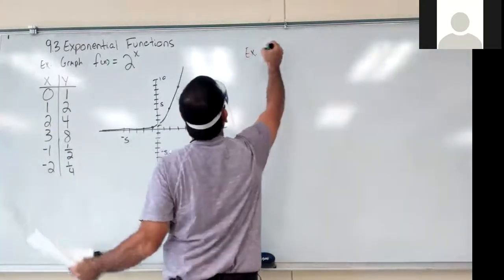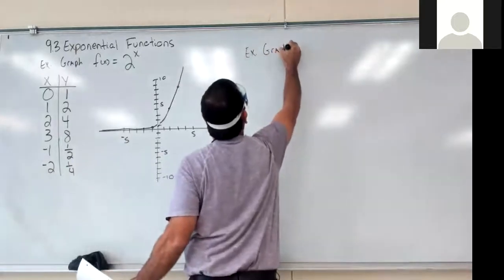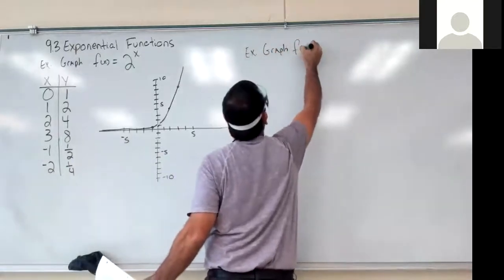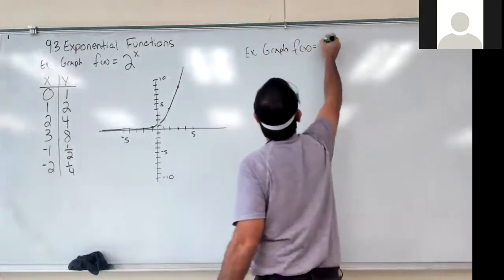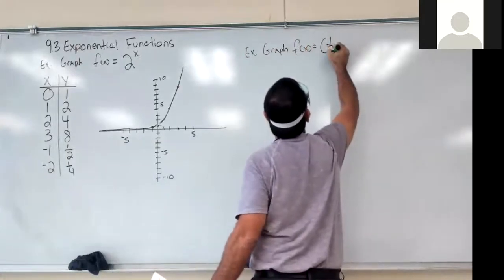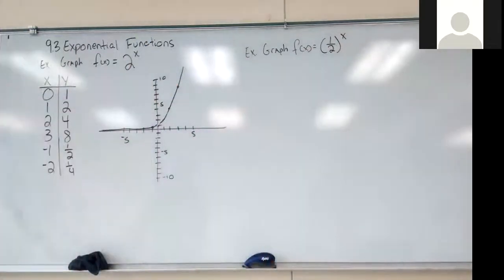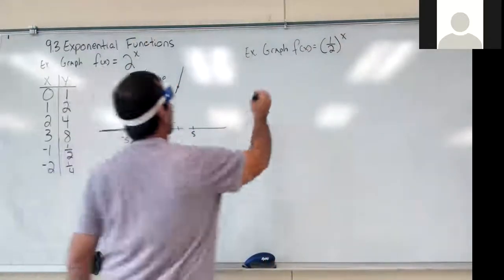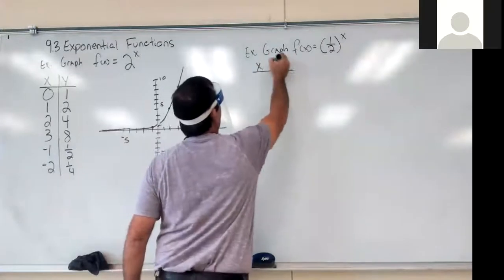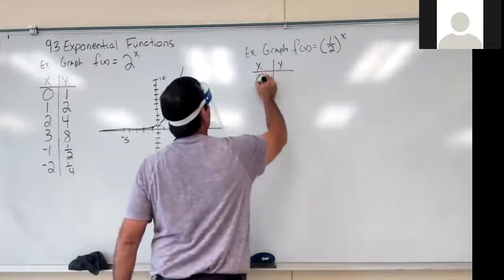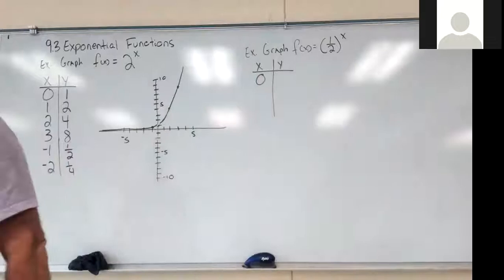All right, so let's graph the fraction one. I'm going to keep it small with 1/2 to the x. And guess what? I'll still use 0.